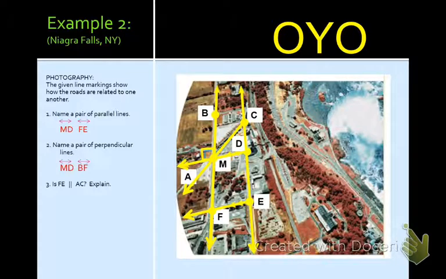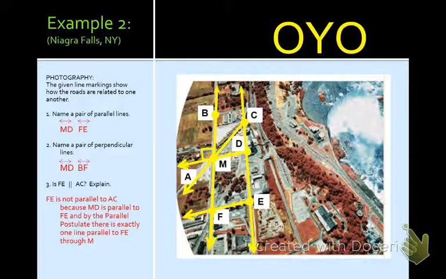If AC were also parallel to FE, that would make two lines parallel to FE. That can't happen. So we know, because we already determined MD is parallel to FE, AC can't be. That's our explanation. I would accept that they explained the parallel postulate, but you could just say no because of the parallel postulate. That's all you need to say.